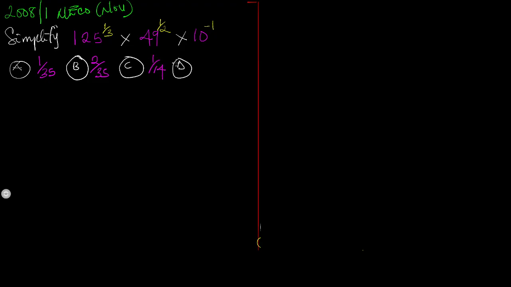Option D is 3 whole number 1 over 2. And NECO do give up to 5 options, so the last option is option E. Option E is 4 whole number 1 over 3. Alright guys, go ahead and solve this.